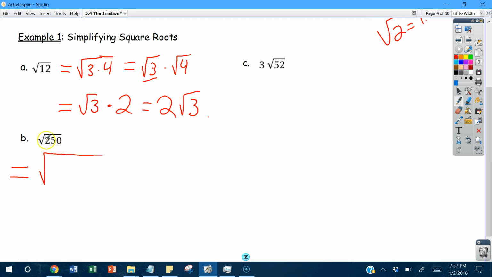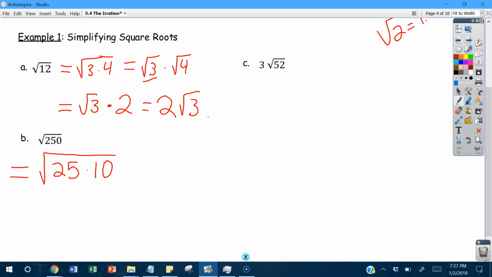It ended up coming out. So maybe there's a factor of 250 that's also a perfect square. I see 25 in there, which makes me think 25 might be a factor, because 25 is a perfect square. It's 5 times 5. So 25 times 10 gives me 250. So I can break that up into those 2 factors.